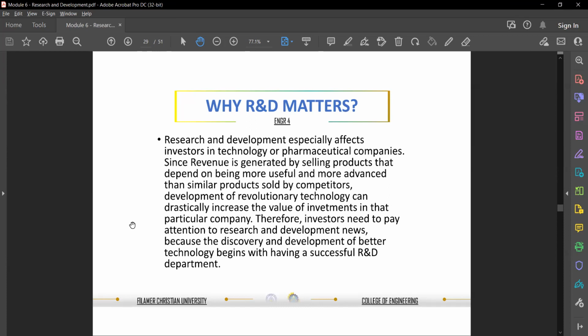So development of revolutionary technology can drastically increase the value of investments in that particular company. Therefore, investors need to pay attention to research and development news. So doon dapat sila mag-focus. Hindi sila mag-focus dun sa perang ininvest nila. Di ba? So because the discovery and development of better technology begins with having a successful research and development department.